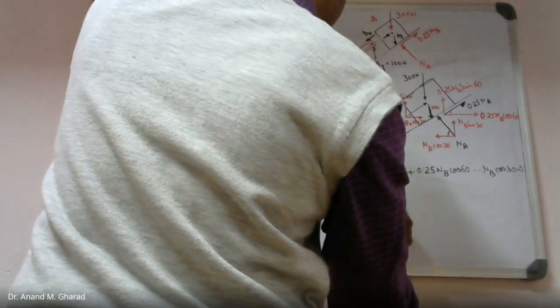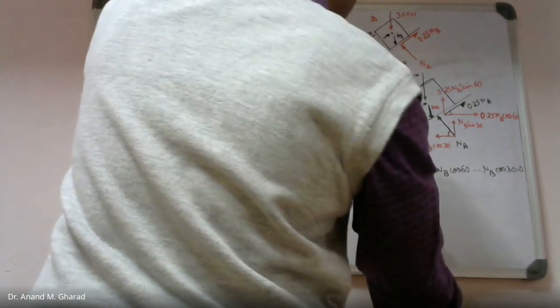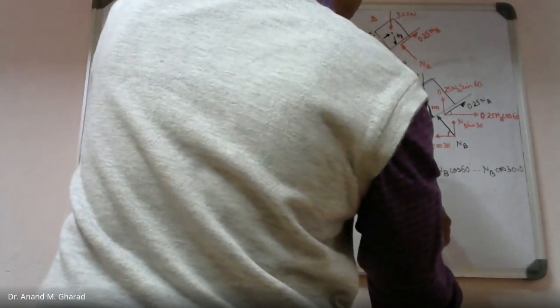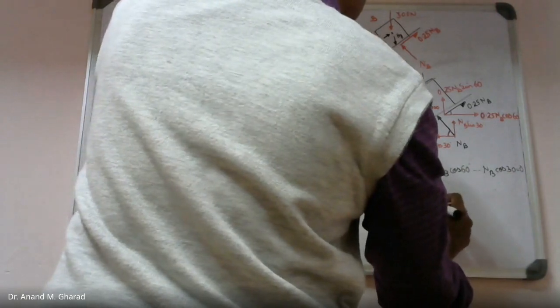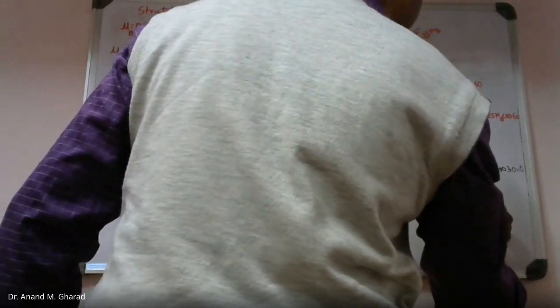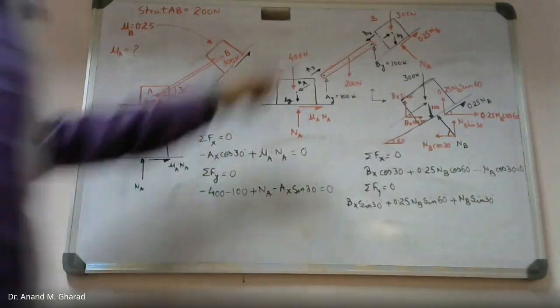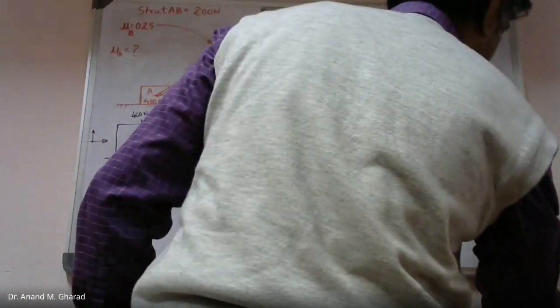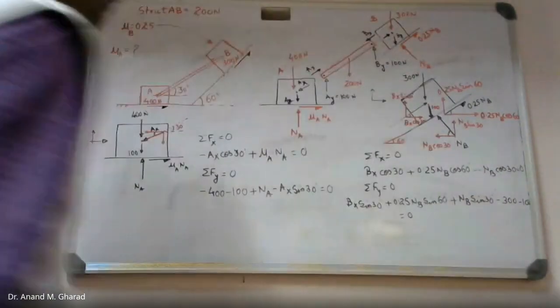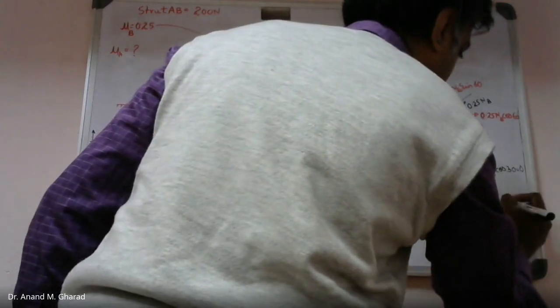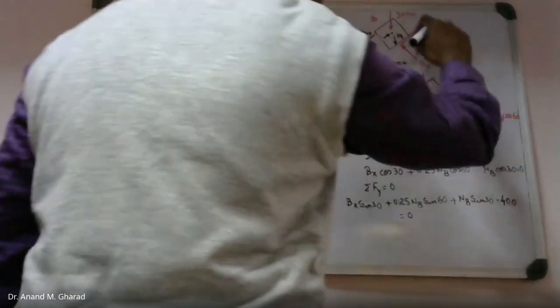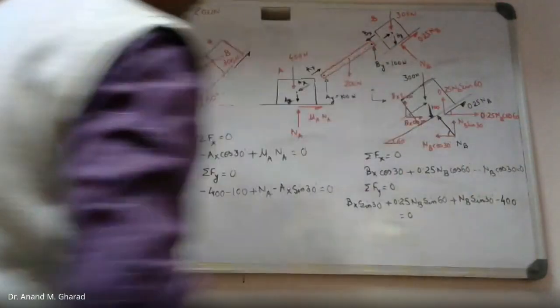Bx sin 30 positive plus 0.25 NB sin 60 plus NB sin 30 minus 300 minus 100 equal to 0. That means you can say minus 400 minus 300 minus 100, 400.